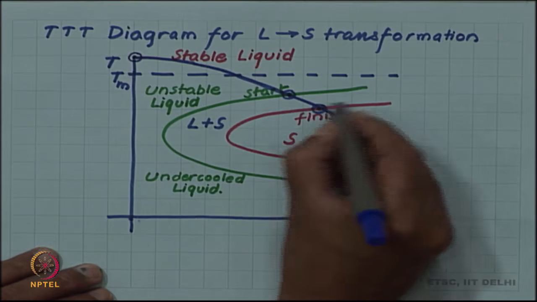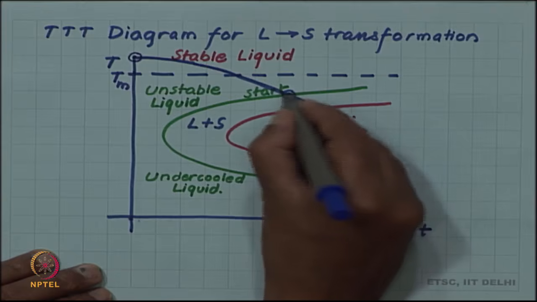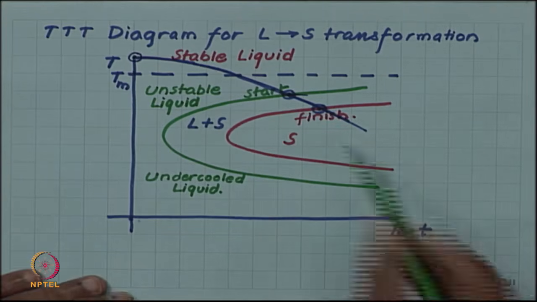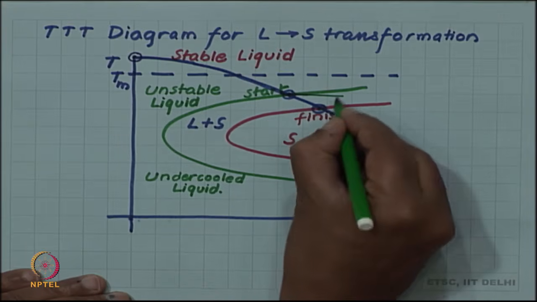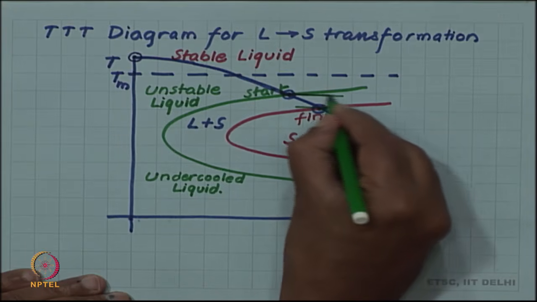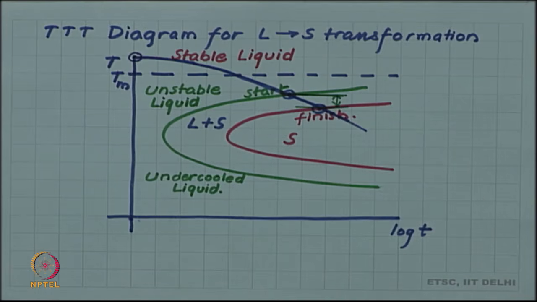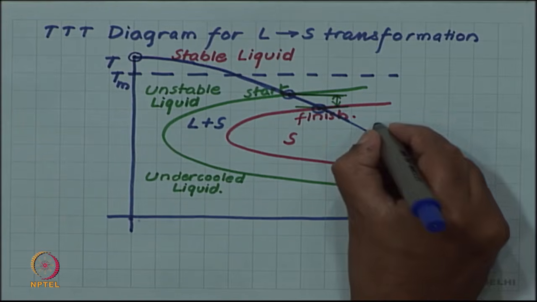The temperature range over which this transformation happens can be seen as this range. And let me label this line as a slow cooling.